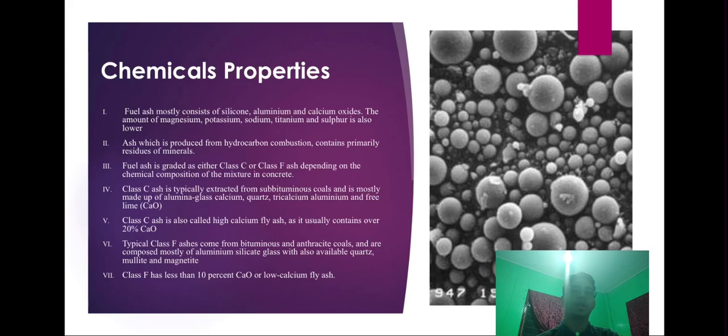And the last one, Class F, where the fly ash typically comes from bituminous and anthracite coal, and is composed mostly of aluminium silicate glass, which also includes mullite and magnetite. This Class F has less than 10% calcium oxide, or low calcium in the fly ash.